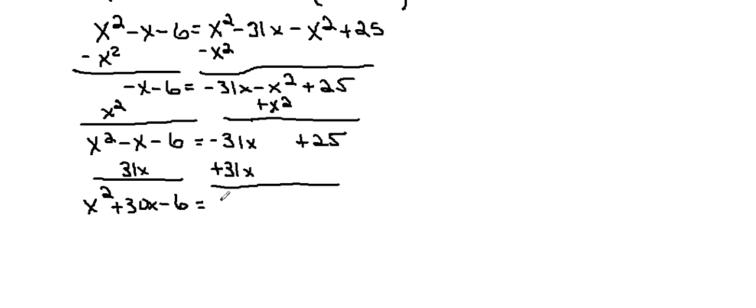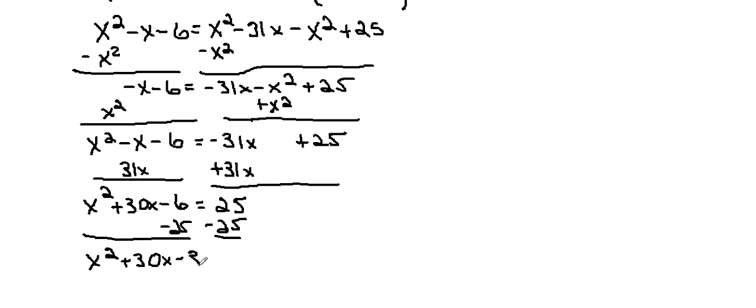That equals 25. Okay, one more step to go, which is to subtract 25, all for the sake of getting this equal to 0. Alright, so I end up with x squared plus 30x minus 31. That now equals 0.